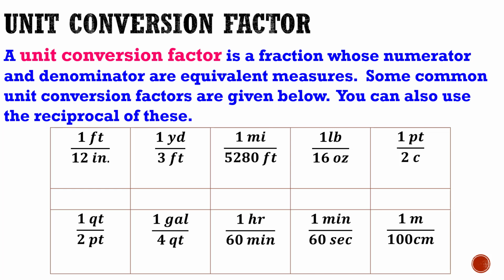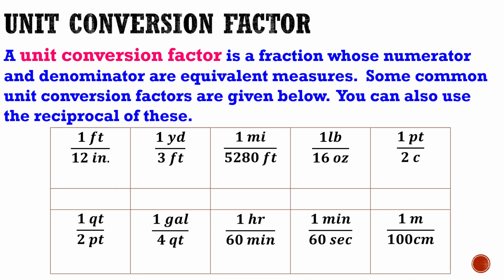1 foot to 12 inches, 1 yard to 3 feet, 1 mile to 5,280 feet, 1 pound to 16 ounces, 1 pint to 2 cups, 1 quart to 2 pints, 1 gallon to 4 quarts. That series of conversions there should have sounded very familiar because you did those several years ago in elementary school. 1 hour to 60 minutes, 1 minute to 60 seconds, and 1 meter to 100 centimeters.